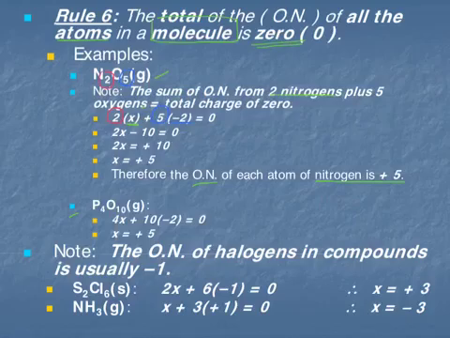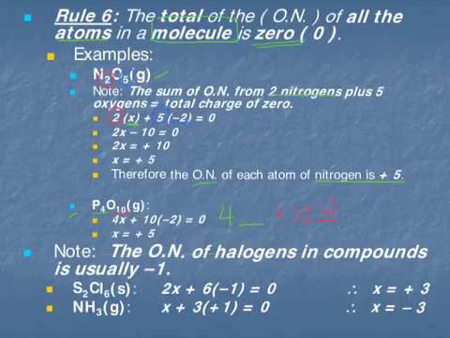Let's look at another example here on the slide. P4O10, tetraphosphorus decaoxide. We know there are 4 atoms of phosphorus, but we don't know what the oxidation number of the phosphorus is just yet. We know there are 10 atoms of oxygen, and each oxygen is minus 2.